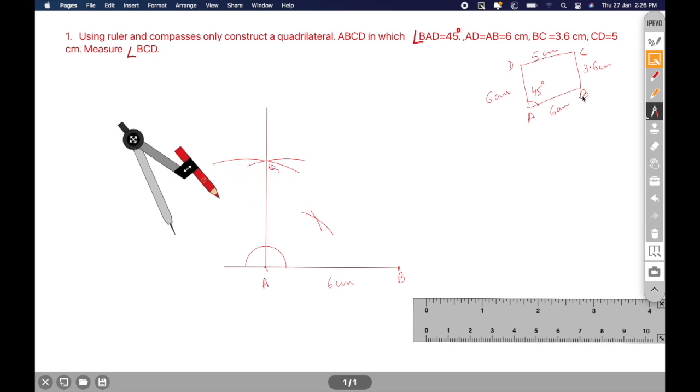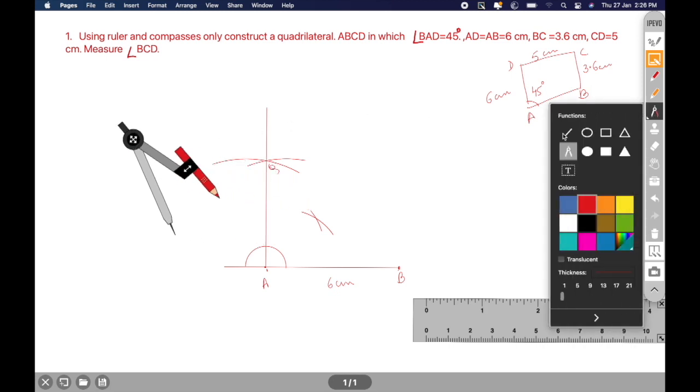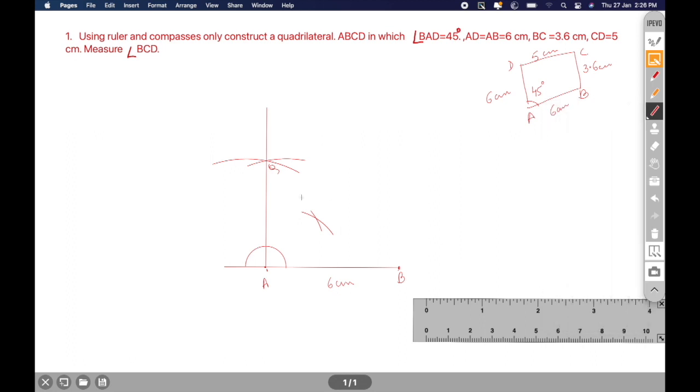This point of intersection of the arcs, when joined with A, the 45 degree angle is obtained. So now we have obtained 45 degrees here.